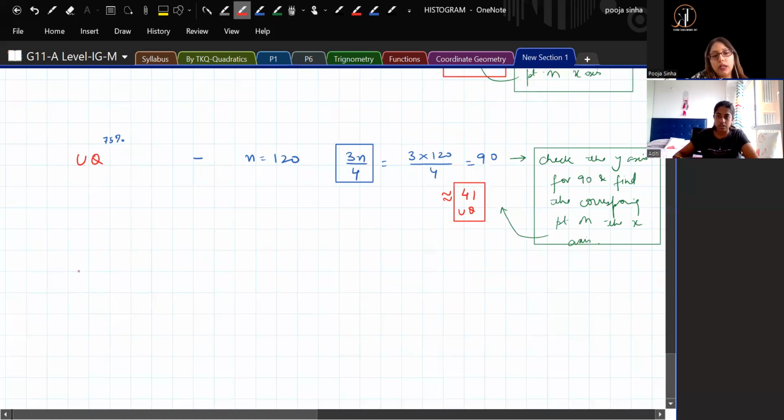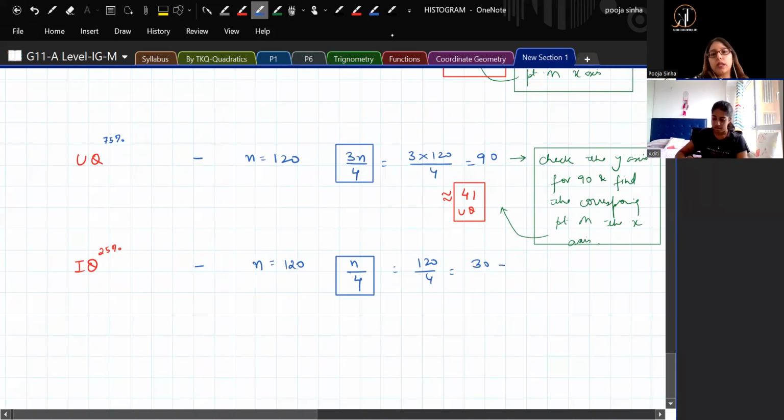Now we are coming to the lower quartile, which is always at 25%. 25 upon 100 is 1 by 4, so n by 4. That's your formula, which is equal to 120 by 4, which is 30.